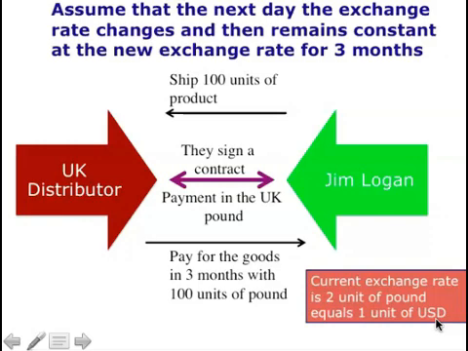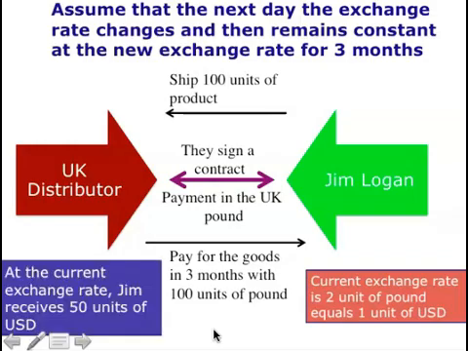So the dollar appreciated, but the pound depreciated. With this exchange rate, what happened to the payment to be received by Jim Logan in dollars? Is it still the same 100 dollars?